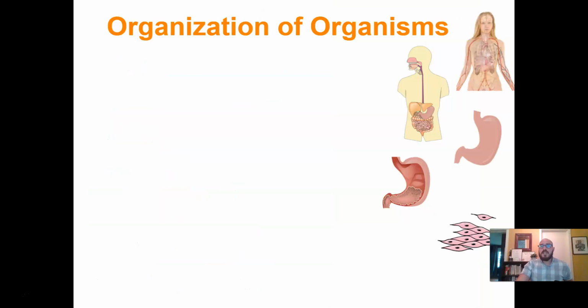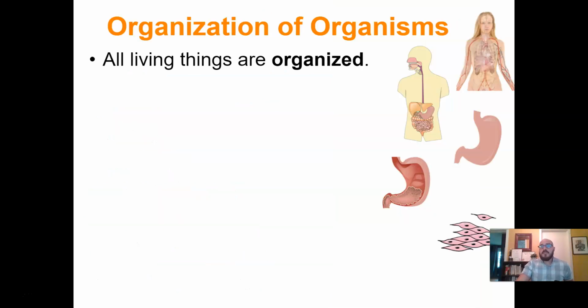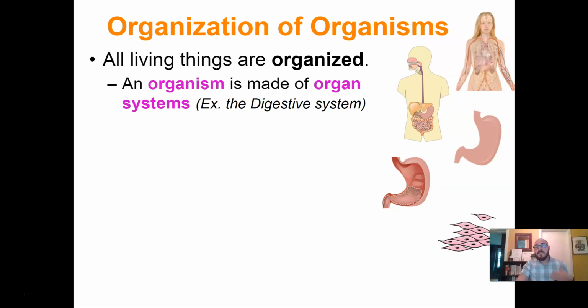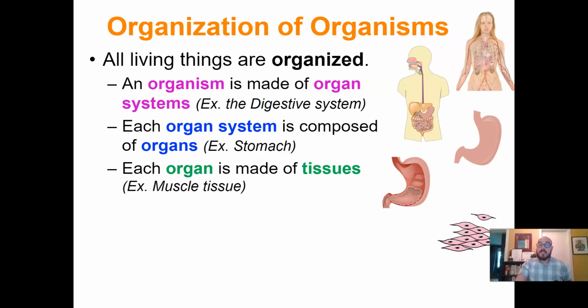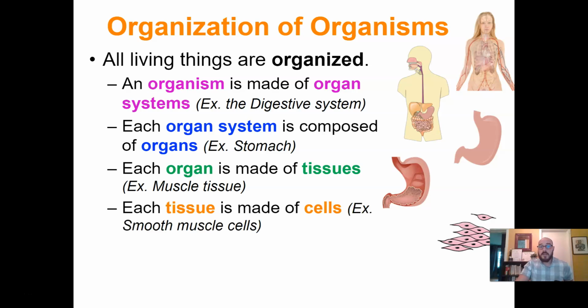So let's talk about it. Organization of organisms, this is what it looks like. We're highly organized. We could call this the hierarchy of life. So an organism is made of organ systems. An organ system is going to be composed of organs, so a stomach. Each organ is made of tissues, so like muscular tissue that makes up an organ.